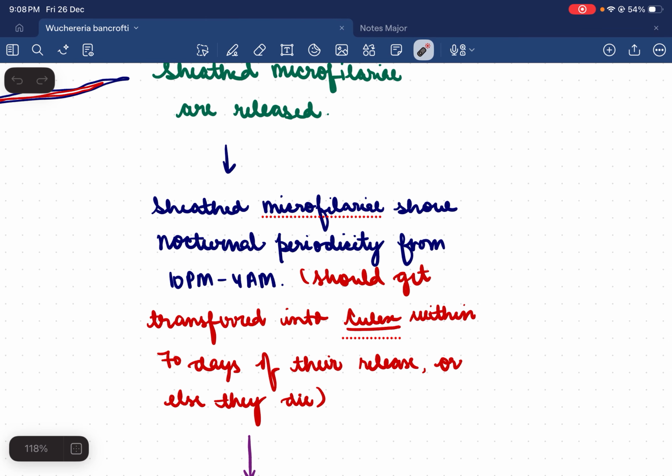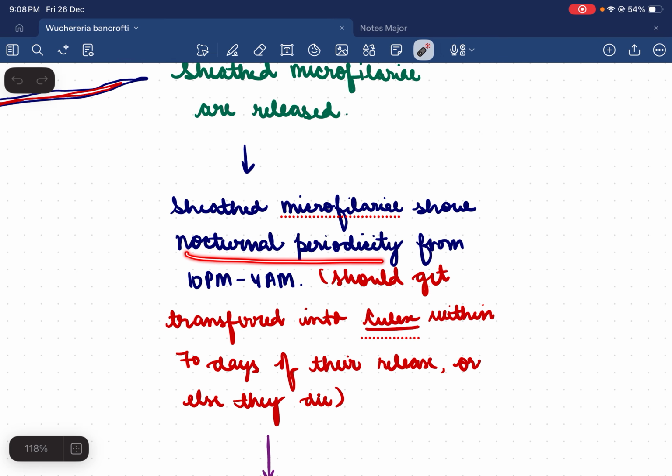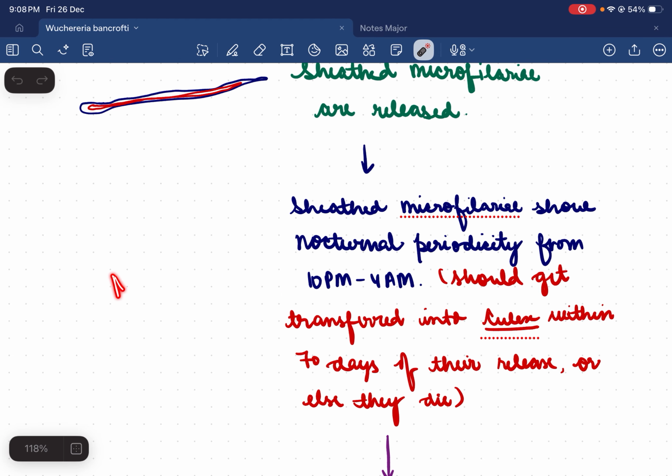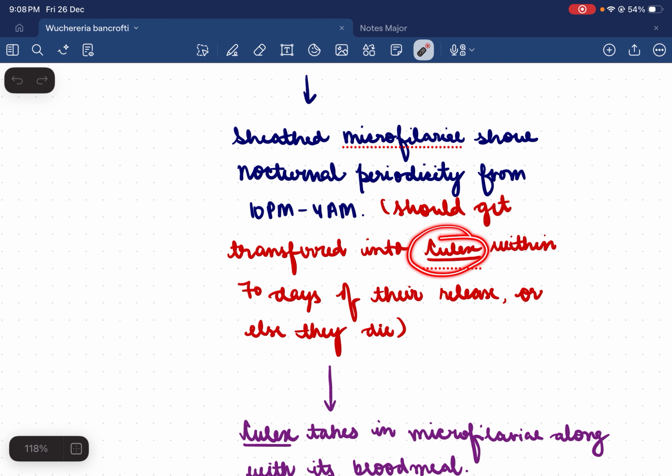These sheathed microfilaria also show nocturnal periodicity between 10 pm to 4 am. What does that mean? So, these microfilaria don't usually come out of the blood circulation except for this time period, because the Culex mosquito usually feeds during this time bracket.